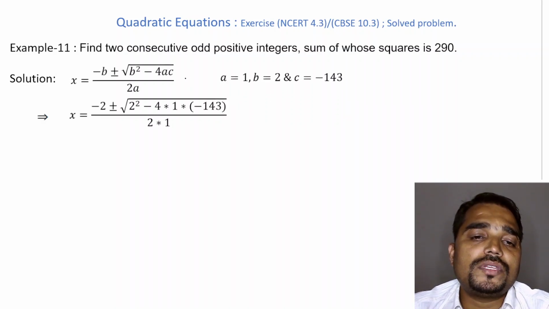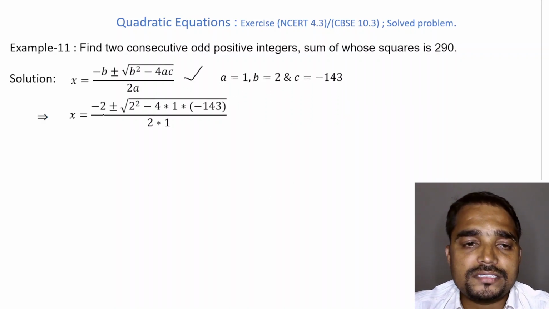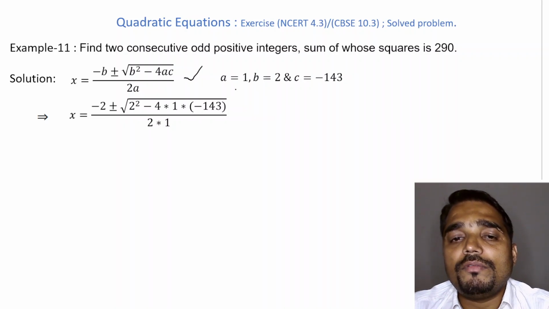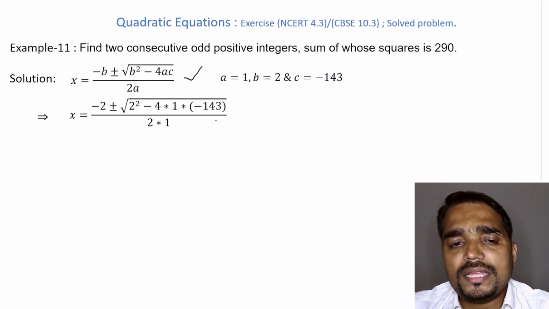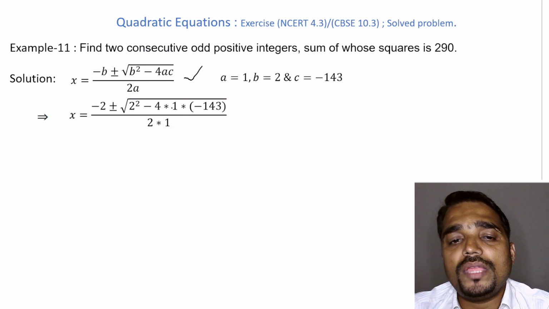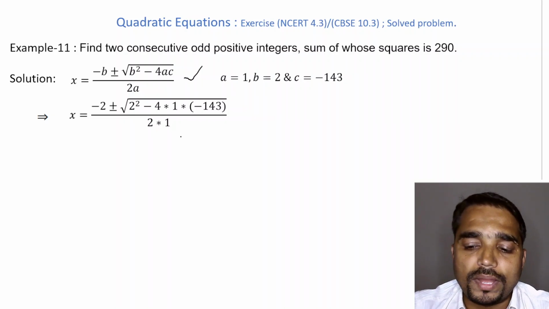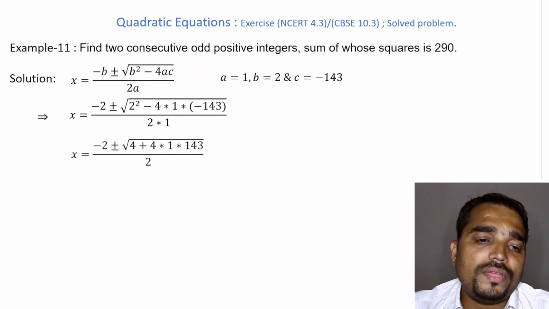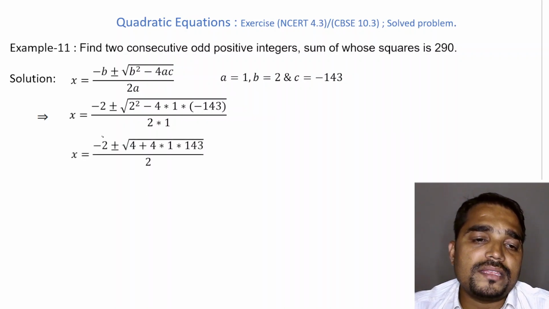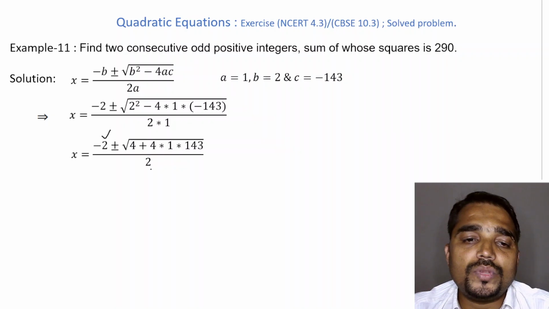So in this equation, as I was saying earlier, let's substitute the values of a, b and c as noted down. Within the square root, I'm getting 2 square minus 4 into a, which is 1, multiplied by minus 143, whole divided by 2 into 1. The outside terms minus b and 2 into a, that is 2 into 1, is 2.